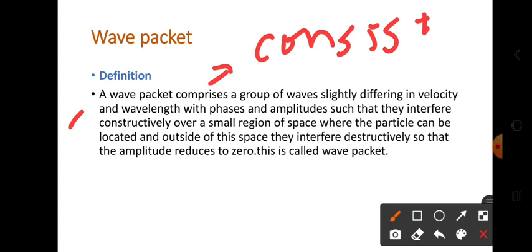A group of waves slightly differing in velocities, which means different waves may travel with different velocities, and slightly differing not only in velocity but also in wavelength. With the phase also different and amplitude also different, such that they interfere constructively over a small region of space.